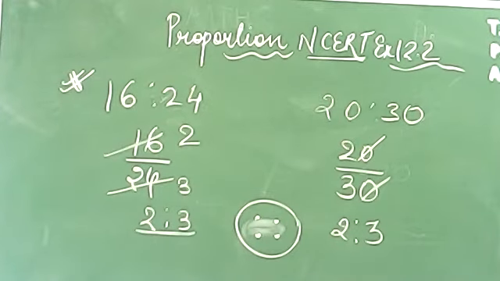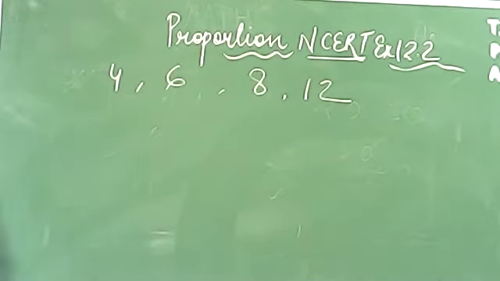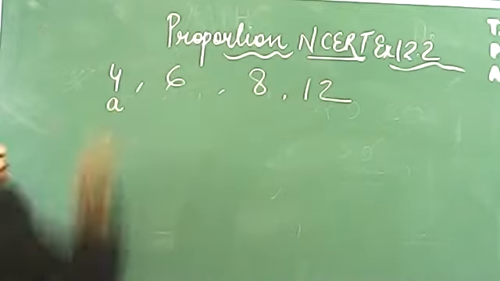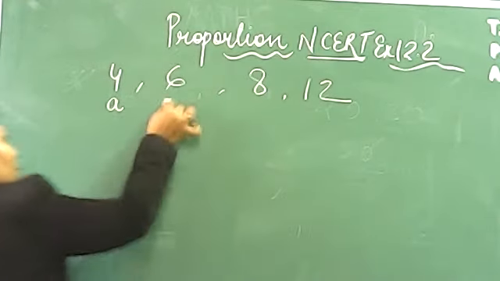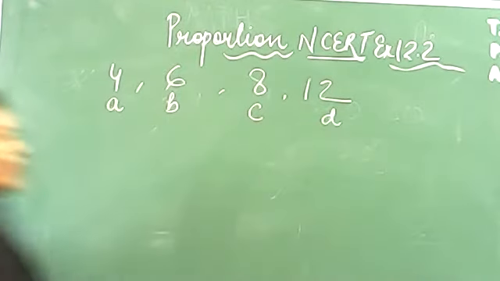Now write it down. Second process. Okay. Now I am telling you the second way. For second method, remember, we give them name. Small alphabet. A, B, C, D. ठीक है?